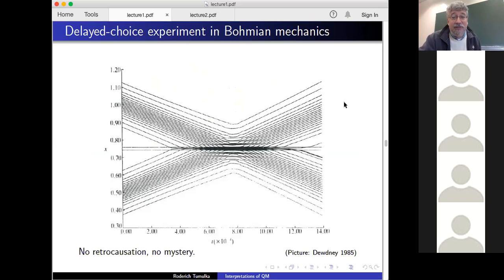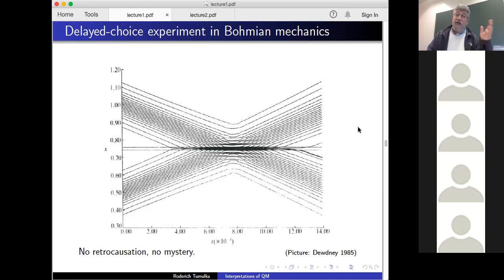So here's an actual computation of what these Bohmian trajectories look like. Notice there's no retrocausation involved. Retrocausation means that a cause in the future could have an effect in the past. Now, the way Wheeler described the delayed choice experiment sounded much like retrocausation, as if you could influence what happened at the passage through the slits.